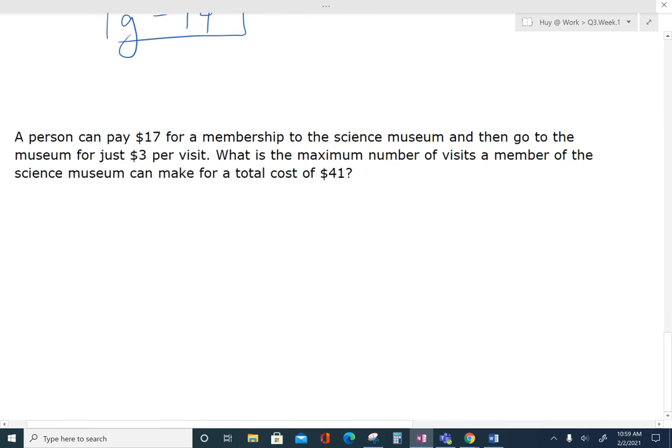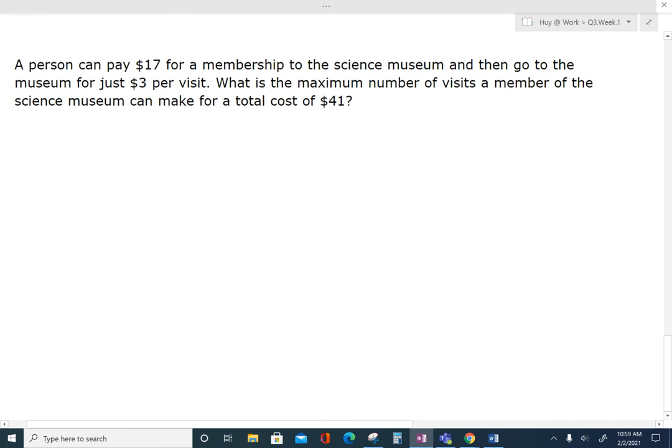All right, and finally, the last one. A person can pay $17 for a membership to a science museum. Okay, so $17 for membership. It's a flat rate. Then go to the museum for just $3 per visit. So $3 for each visit, 3V. What's the maximum number of visits for a total cost of $41?